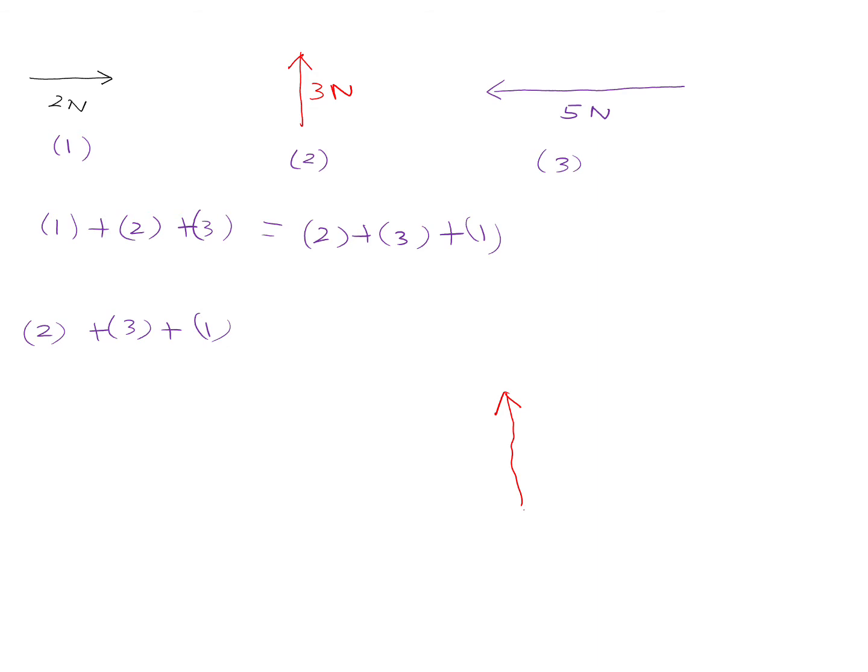Tail, head, and then vector 3. You bring the tail of the next vector to the head of the very first vector you chose.